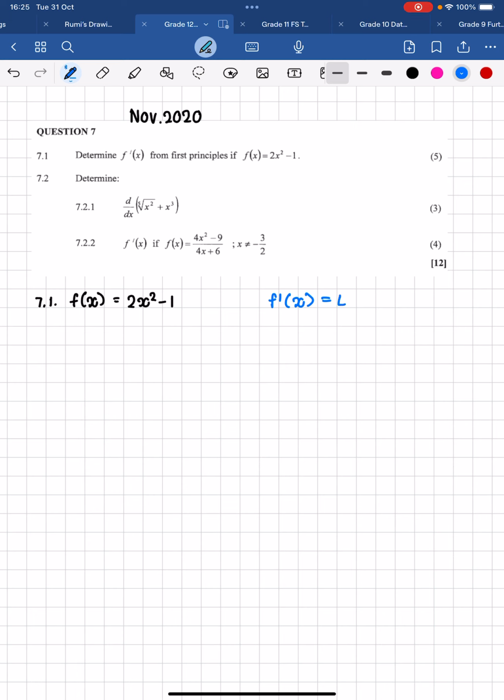So 2 times 2 is 4, and then x to the power of 2 minus 1, so you minus 1 from that exponent, and the derivative of a constant term is always 0. So this is the derivative, and this is what we are meant to get when we are using first principles. That's a nice way of checking that we've got the correct answer.